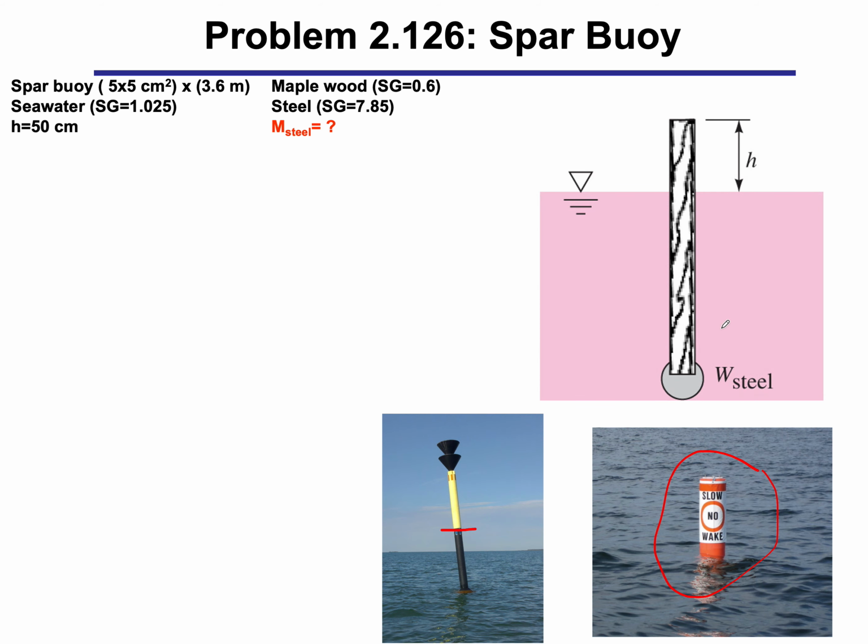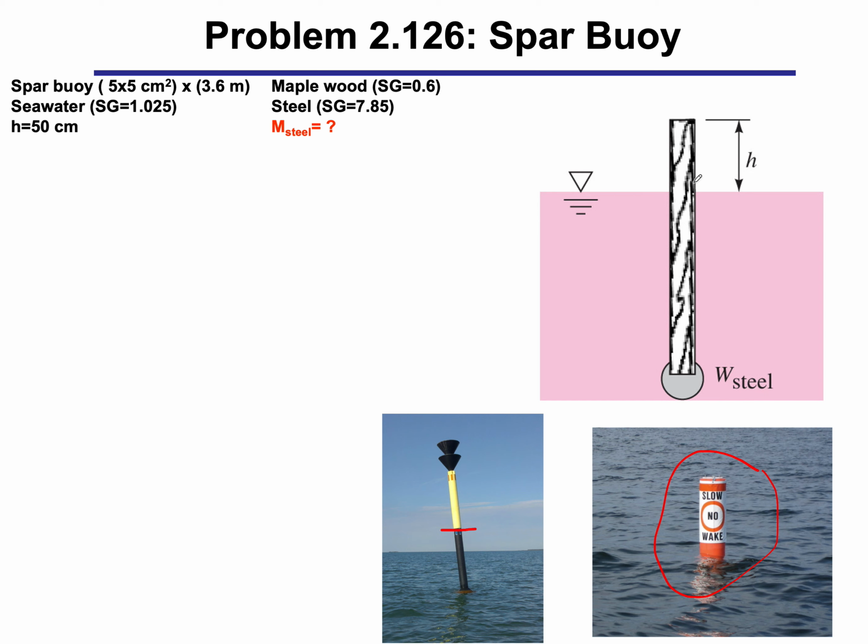So let's see what it looks like. So here's a typical spar buoy. So here we have a spar buoy made of maple wood, so that's wood, and at the bottom we have a steel ball to move the center of gravity all the way down, to make it stable. So to keep this thing stable, as we've looked at the stability problem, you want the center of gravity to be lower than the center of buoyancy.